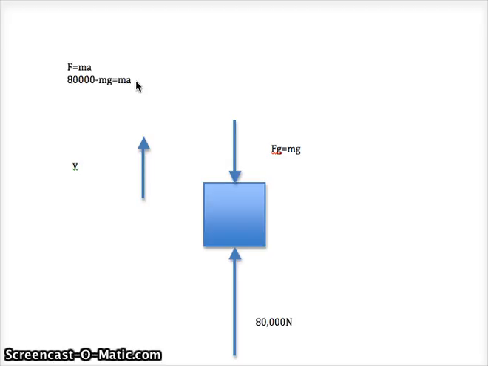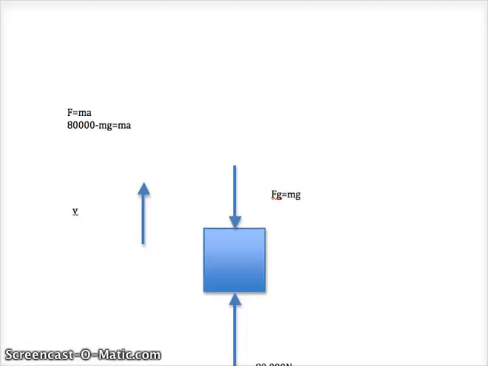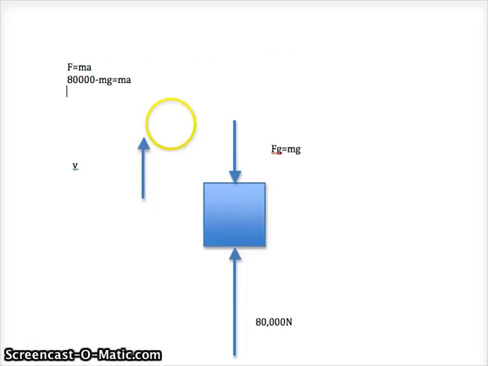We know the acceleration of gravity is always 9.8. We know in this specific problem that the acceleration, remember, is 1.5. So we can set that up. We can say 80,000 minus mass times 9.8. Acceleration of gravity is always 9.8. Is equal to mass times 1.5.